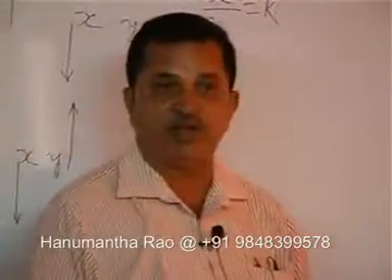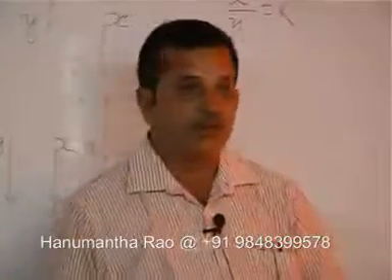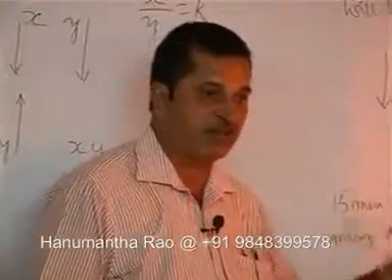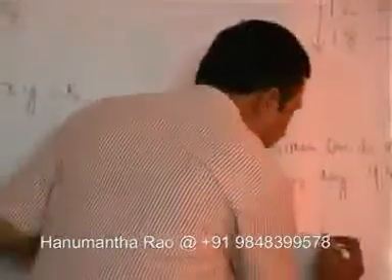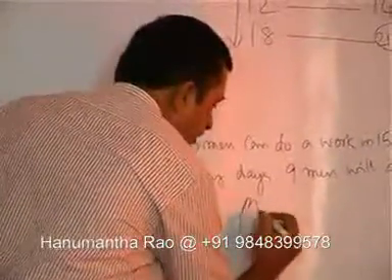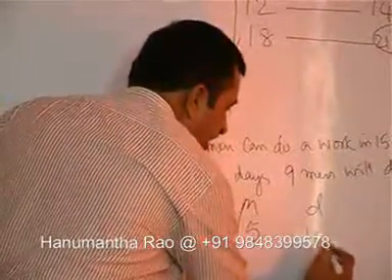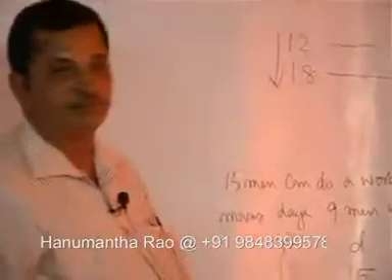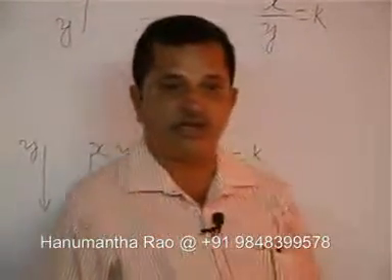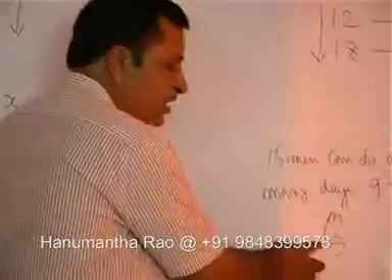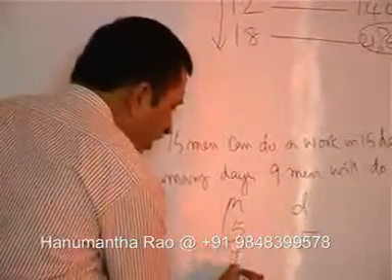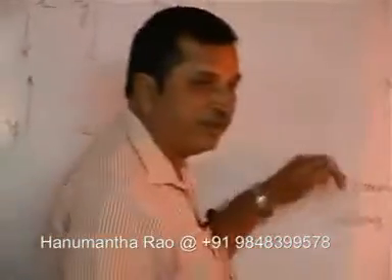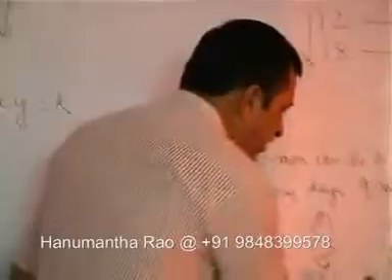When you take men in a group, you should think of men of equal capacity. 15 men take 15 days to do a work. In place of 15 men, I am appointing only 9 men. I have decreased the number of men, so the number of days taken will be more.